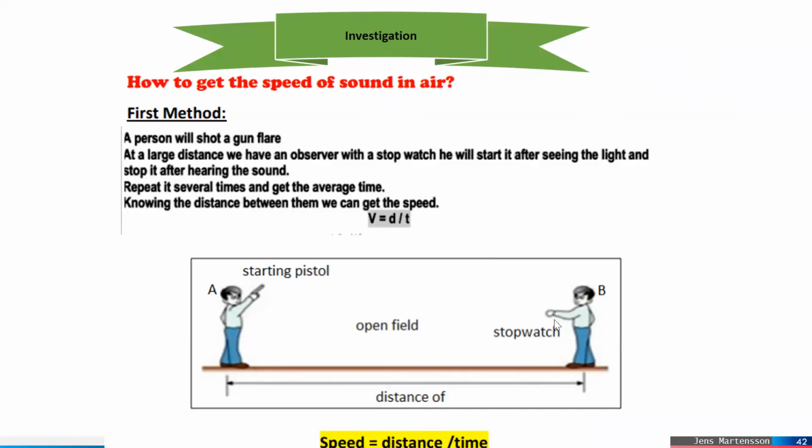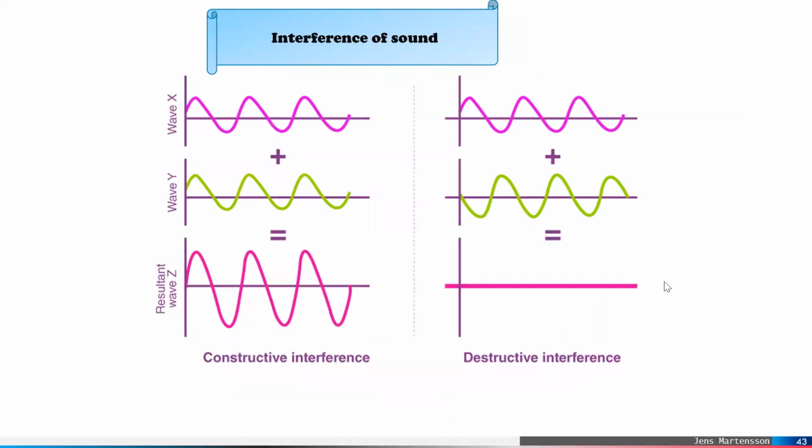Once the observer sees the light from the pistol, you start your stopwatch, measure the temperature, and measure the distance between the two observers. So we have the distance and we have the time from the stopwatch, so we can calculate the speed of sound. This is a simple example to practice investigation in this part on sound.